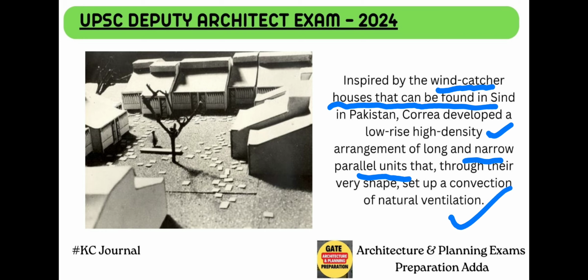Walk-ups means apartments like ground plus 2 floors, which can be climbed without a lift. He did individual houses and maintained the same density. That is the cleverness of architect Charles Correa.